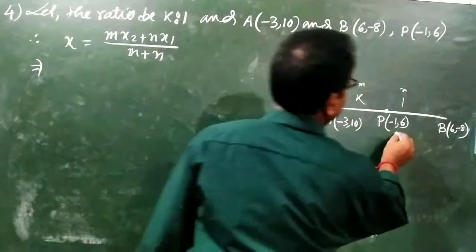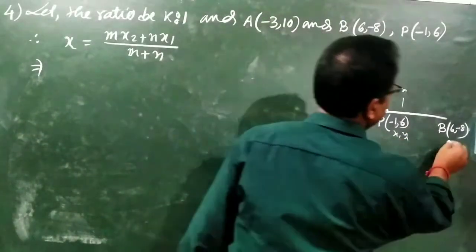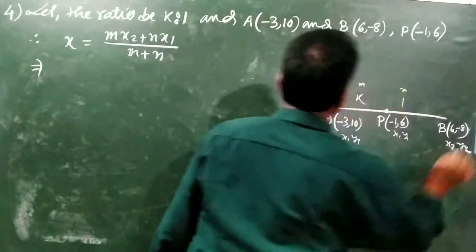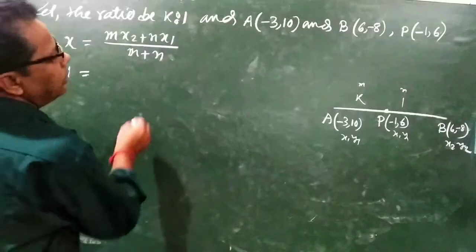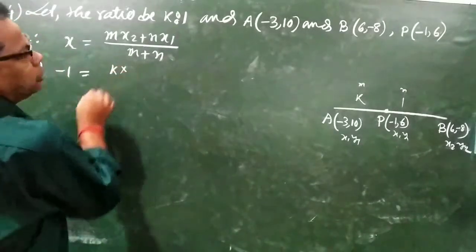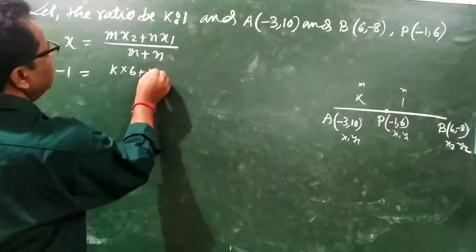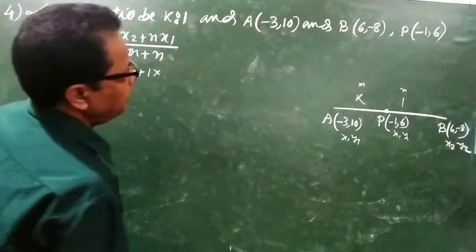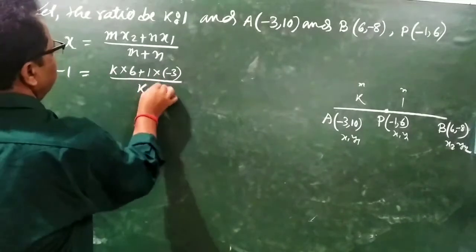So these are the value for x and y. These are x1, y1. This is x2, y2. So here x value is -1 equal to m, which is k, into x2. x2 is 6 plus n is 1 into x1. x1 is -3 divided by m plus n, that is k plus 1.